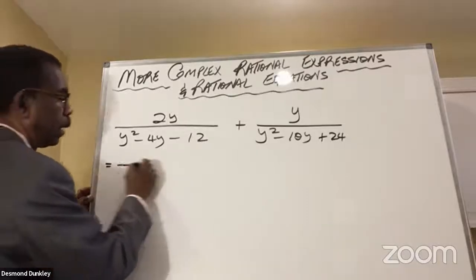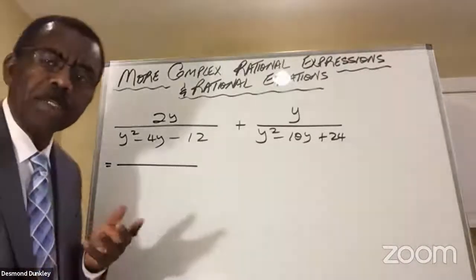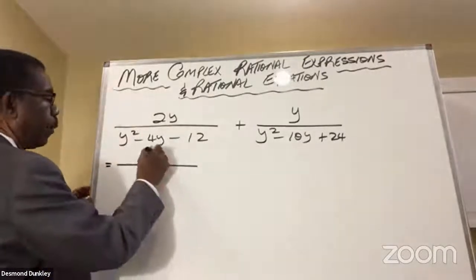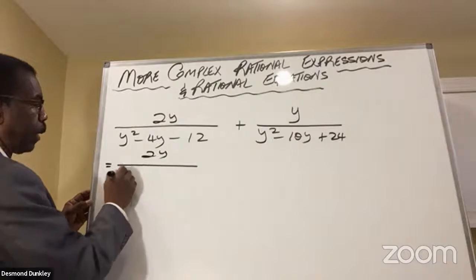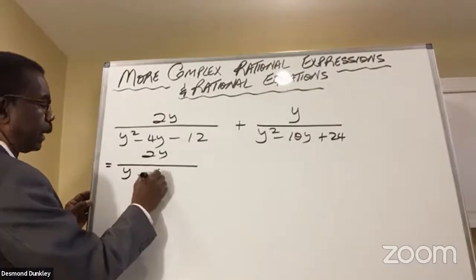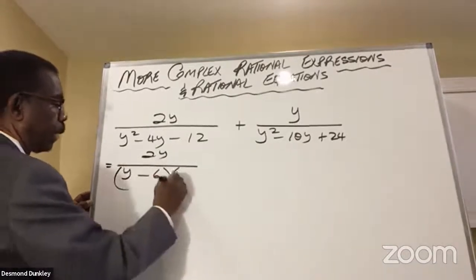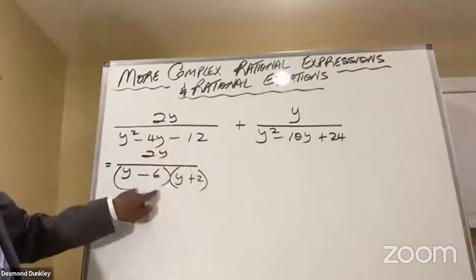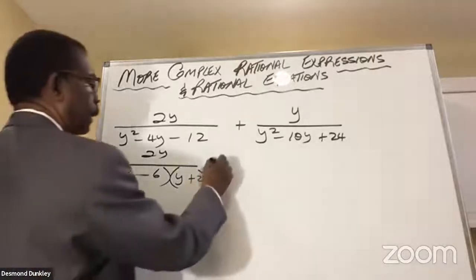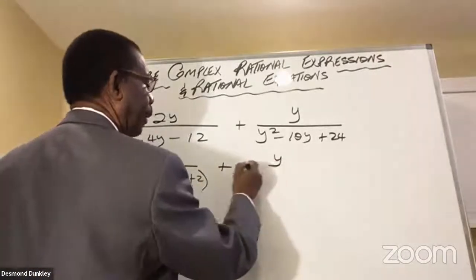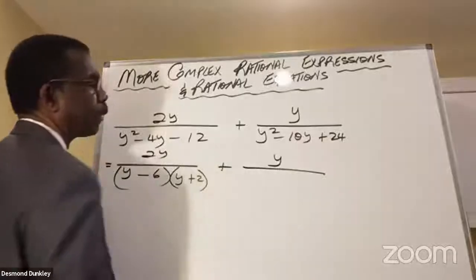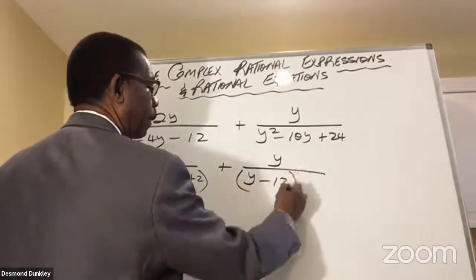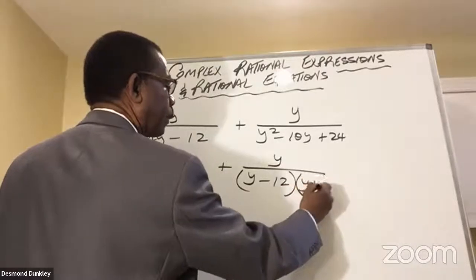Well, as discussed previously, the first thing we do is we factorize the denominators. So now we have 2y on top, and this is y minus 6 times y plus 2. That's what you get when you factorize. Plus y over, and this one becomes y minus 12 times y plus 2.